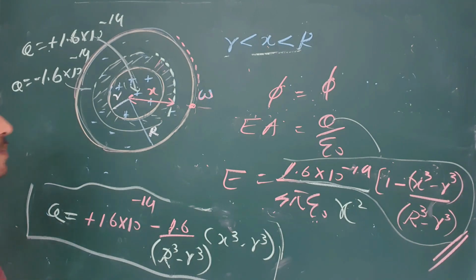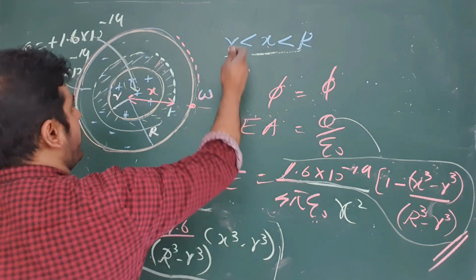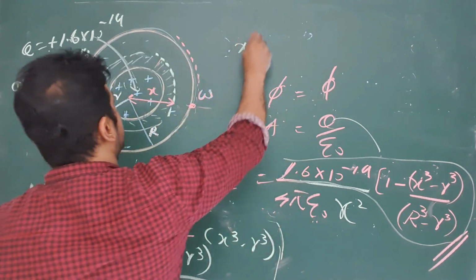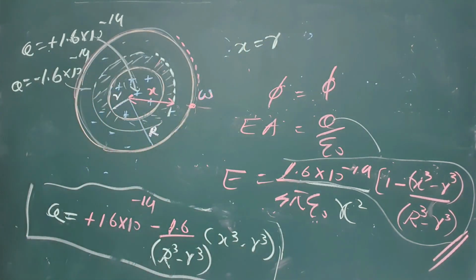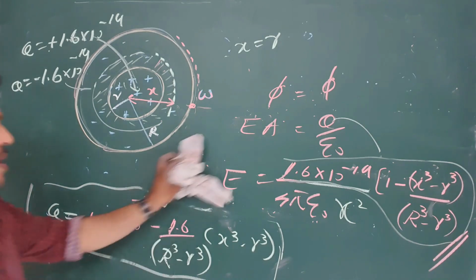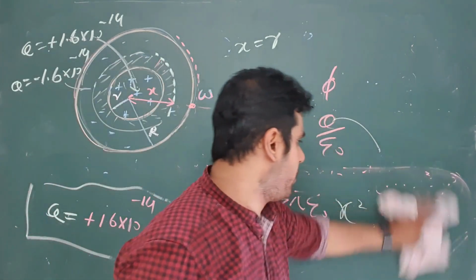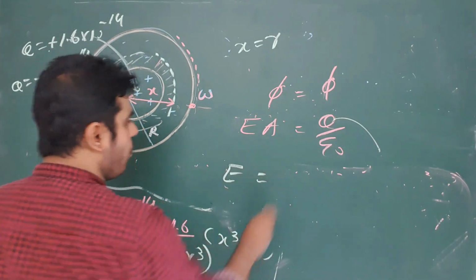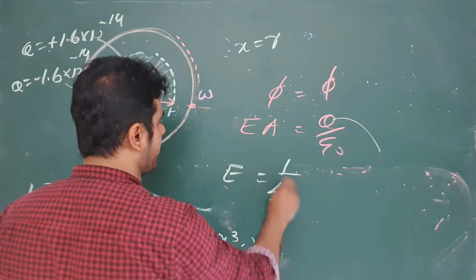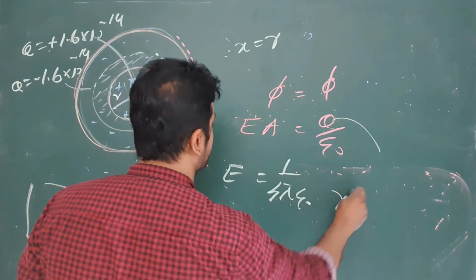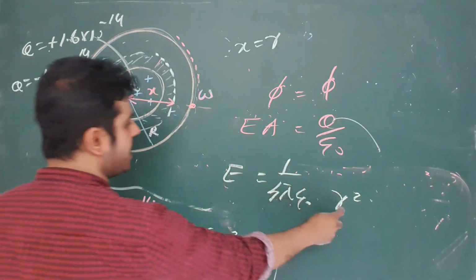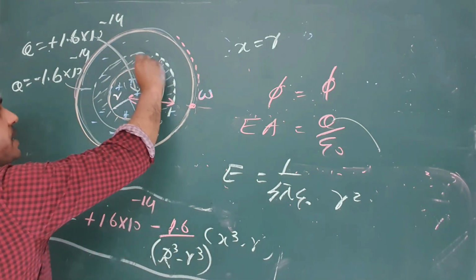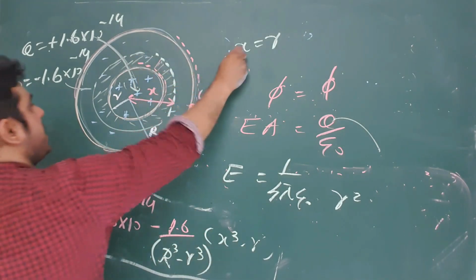Now this is the way to find the electric field intensity here. Now next part. The next part is when x equals r. It is very easy to find when x equals r. At that time, E is given by 1 over 4 π epsilon naught r square, because A is given by 4 π r square, epsilon naught remains here. Now we have to draw that Gauss surface here, because x equals r.